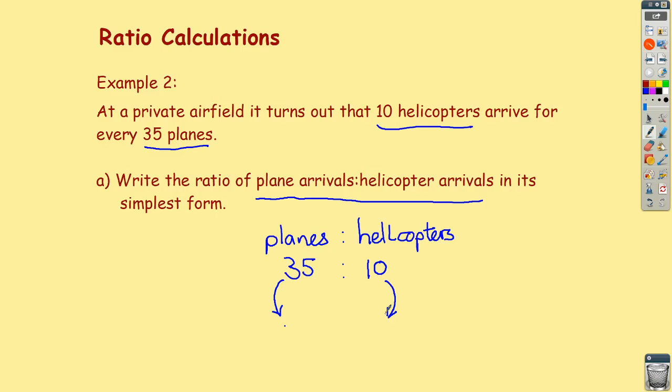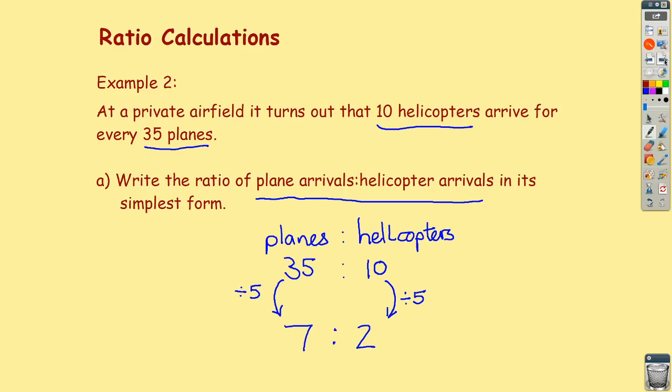Okay, so if you did pause the video, hopefully you would have figured out that you need to divide both sides by 5. Okay, and that will give you 35 divided by 5 is 7. 10 divided by 5 is 2. Okay, so our ratio of plane arrivals to helicopter arrivals is 7 to 2.